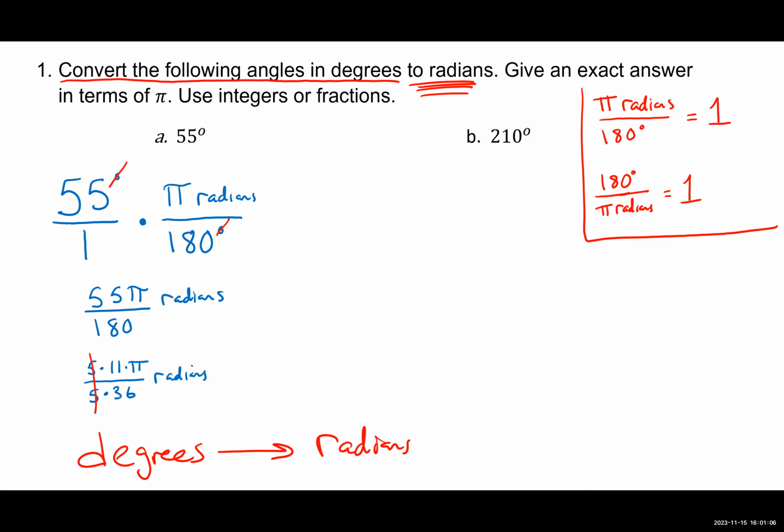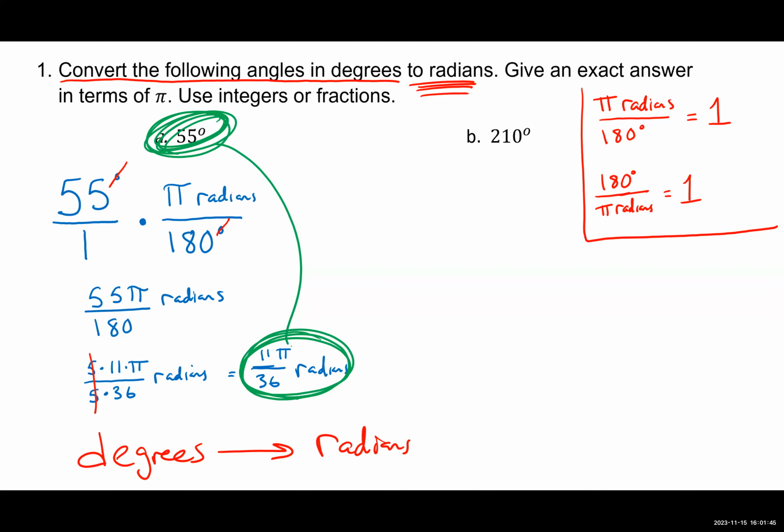So those fives cancel, and we get 11 pi over 36 radians. And so 55 degrees means the same as 11 pi over 36 radians.